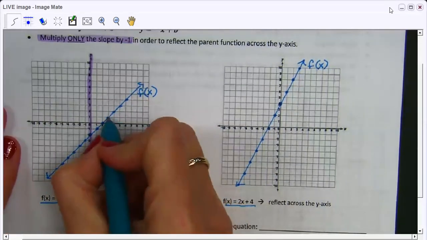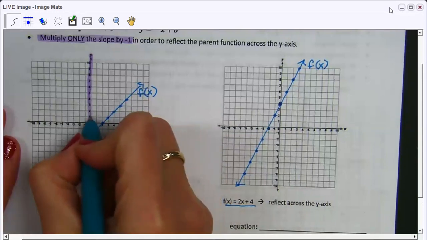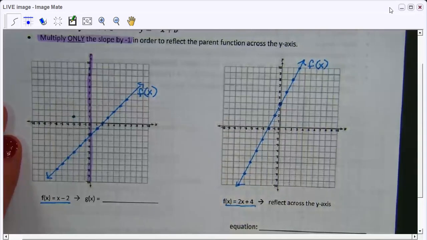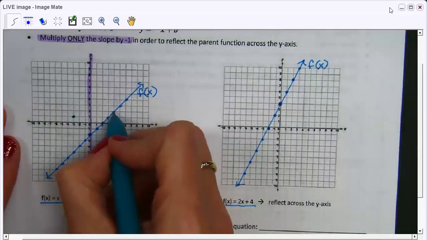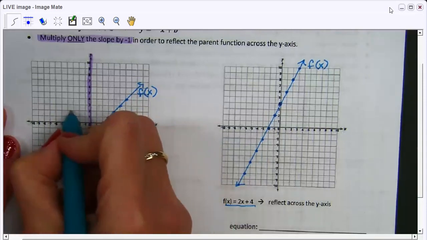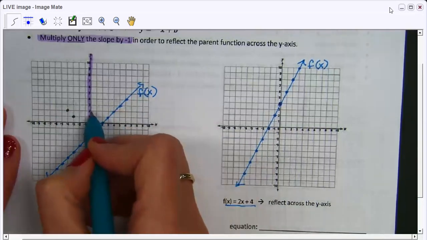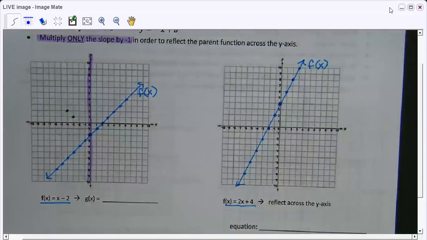This point at 3, 1 is 3 units from the y-axis. So I have to go 3 units on the opposite side of the y-axis. And then we have 4, 2. So it's 4 units away, so I go 4 units in the opposite direction. And that's how you do it by hand.